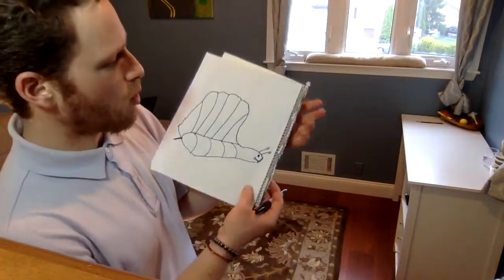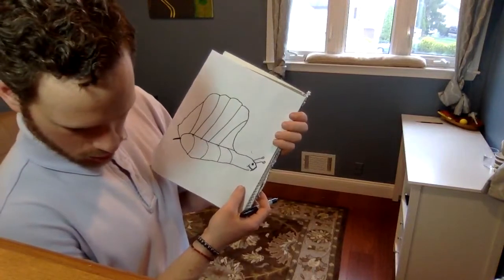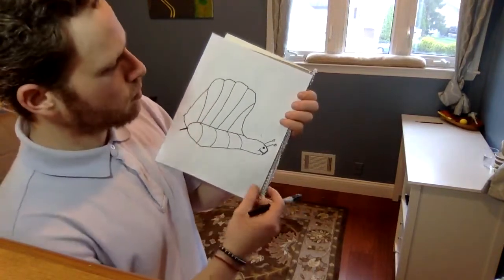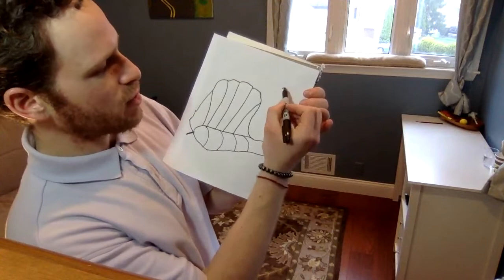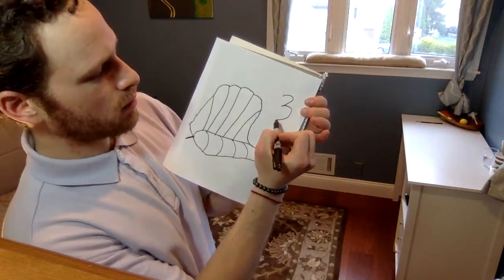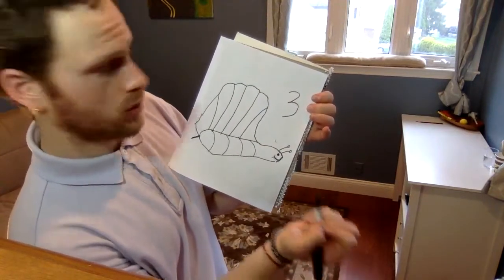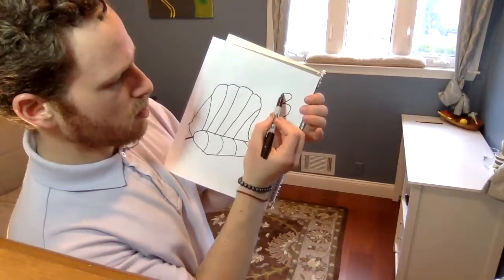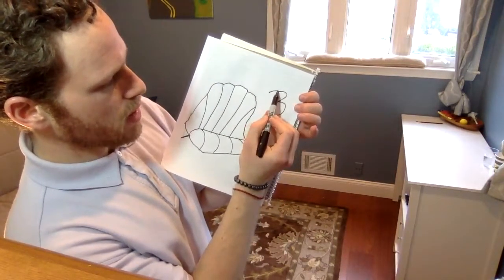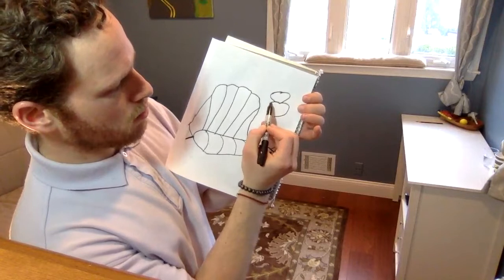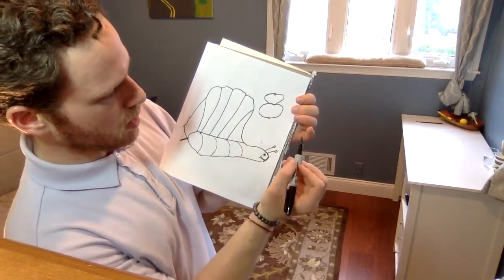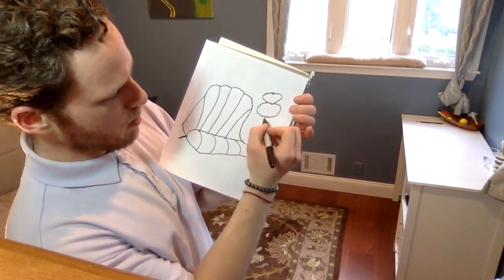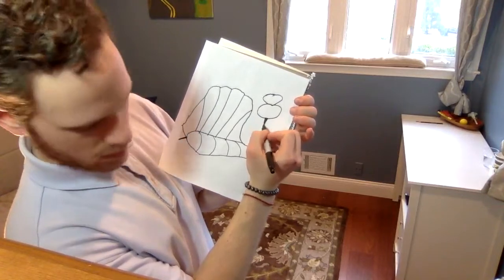Okay, we can also do a bee by drawing our number 3. And then with our number 3, we just do a 3 the other way. We make our buzzer, our bee stinger down below.